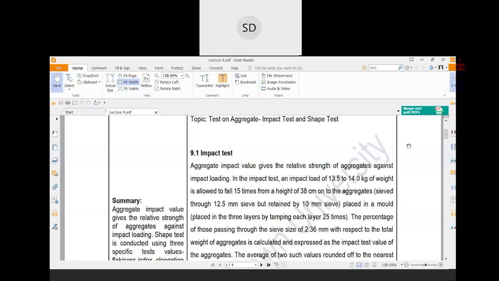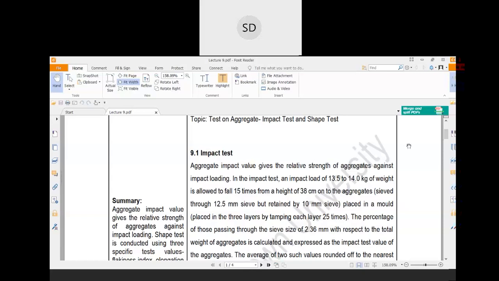In the impact testing, there is a hammer weighing 13.5 to 14 kg with a free fall of 38 centimeters, and with this hammer you have to compact or ram this aggregate with a total of 15 blows.